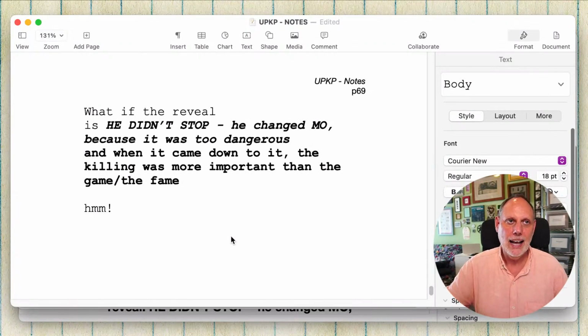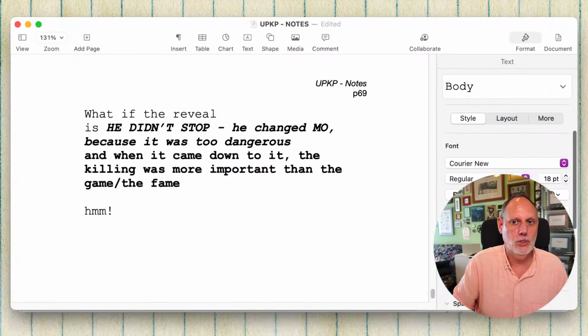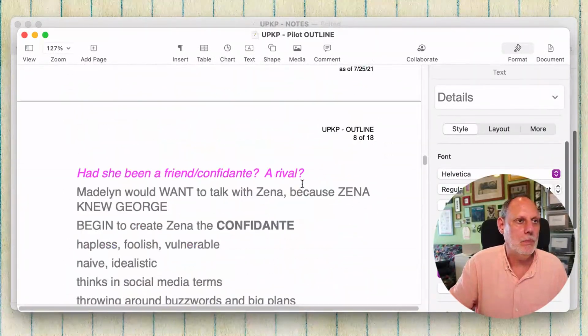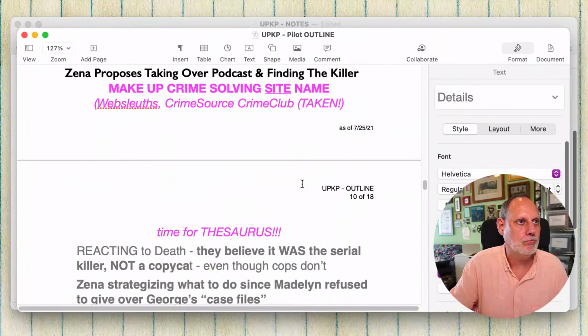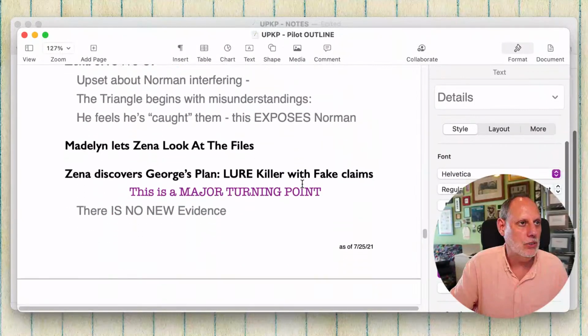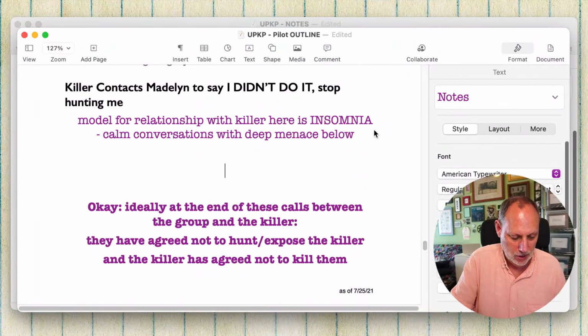And once I know that, I can go into the pilot knowing that the point of the serial killer in the pilot is to establish a guy who has been unfairly dragged into the light. So let's get that into our outline. When we meet the killer, it's towards the end. The killer is going to call.